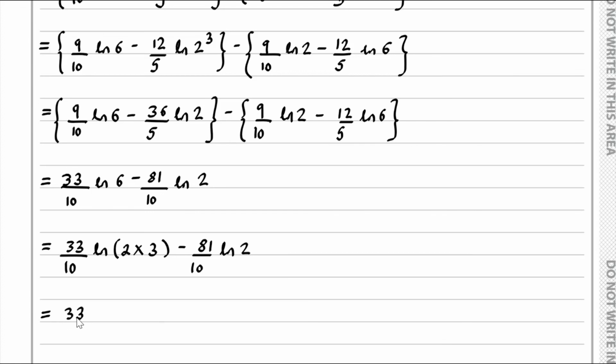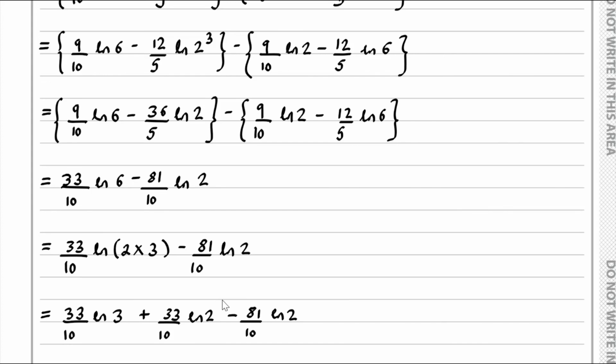So we have 33 over 10 times the natural log of 3 plus 33 over 10 times the natural log of 2. And then we still have this minus 81 over 10 times the natural log of 2.